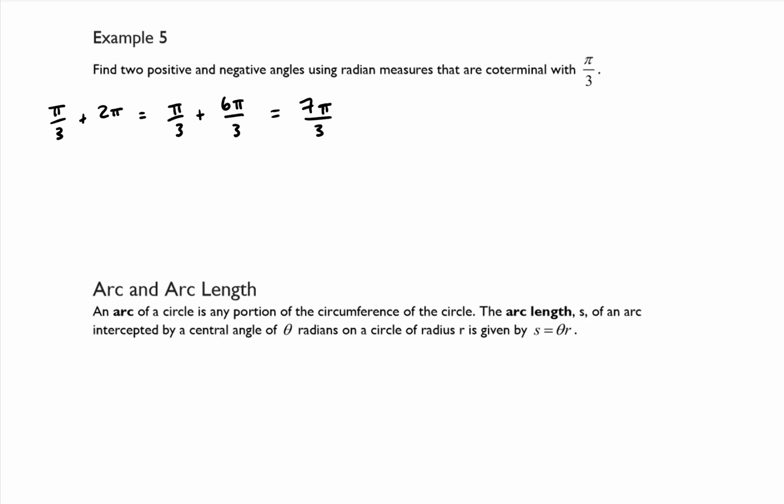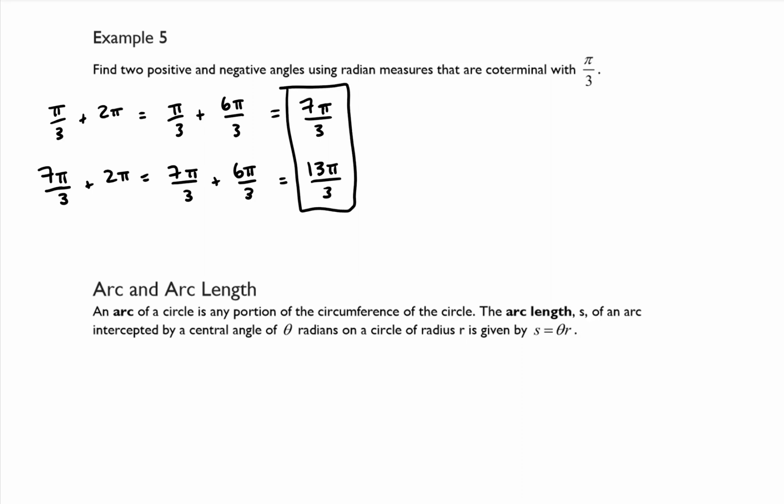So this is one of our positive coterminal angles. I'm going to add another full rotation to that, which is plus 2 pi. So that would be 7 pi over 3 plus 6 pi over 3, and that gives us 13 pi over 3.